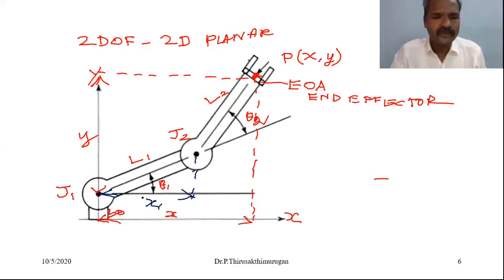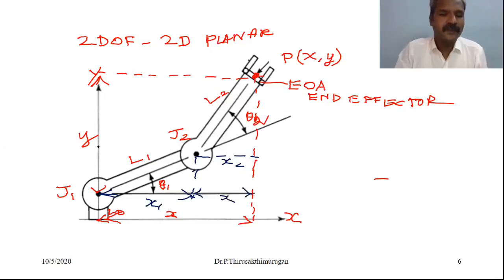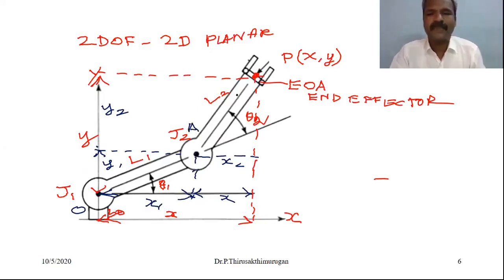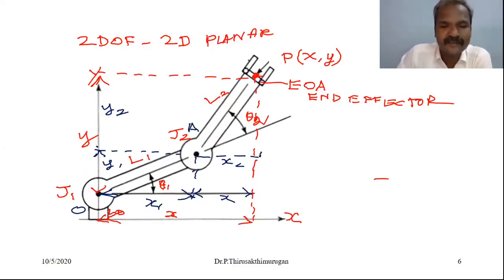Then from this position to this position, for this triangle, this is x2. Similarly, I am splitting the entire y-axis into two: this is y1, this is y2. Okay. So in this triangle, say this point is O, this is A, this is P, O, A, P. This is B.